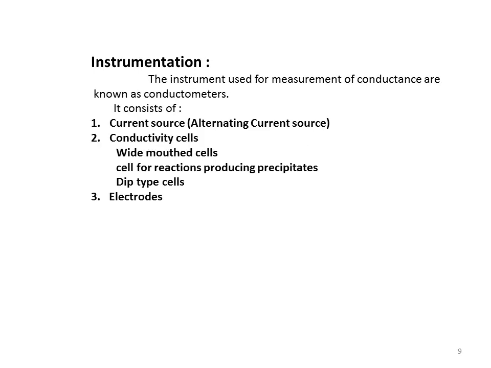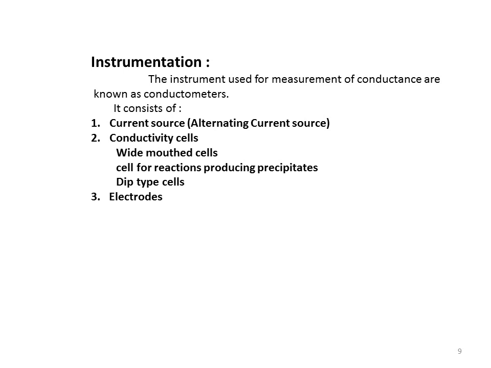Then we come to our point, instrumentation. The instruments used for measurement of conductance are known as conductometers. It consists of number 1, current source, meaning any alternating current source.